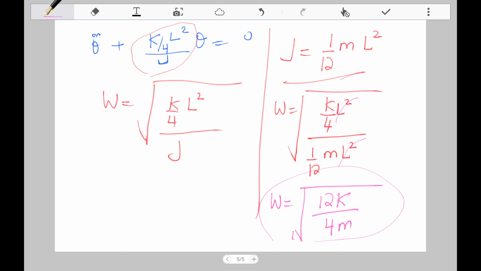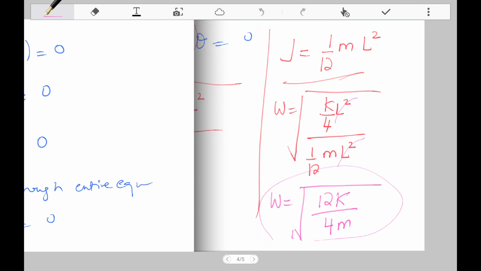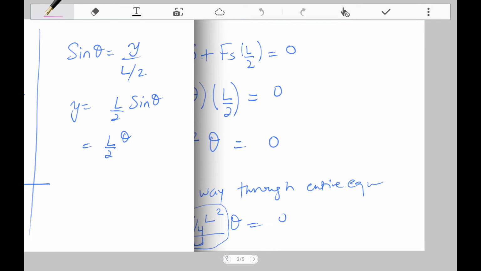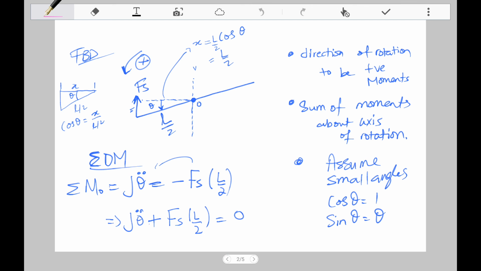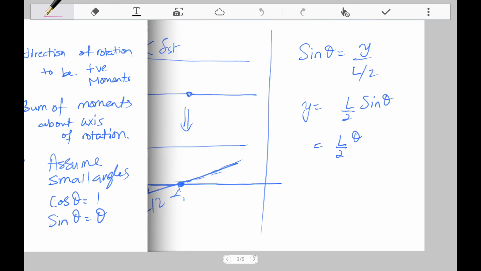But it's really important to know how to figure out the equation of motion, which is your primary thing. And the next thing is to recognize the natural frequency of the system from the equation of motion. And that's about it. Thank you very much.